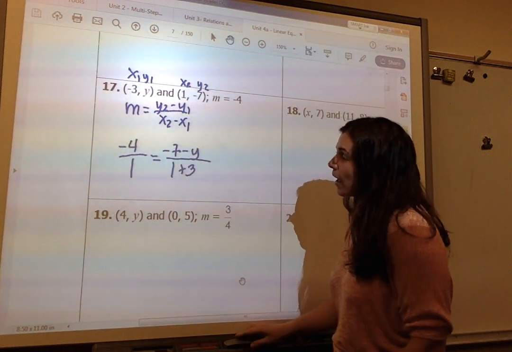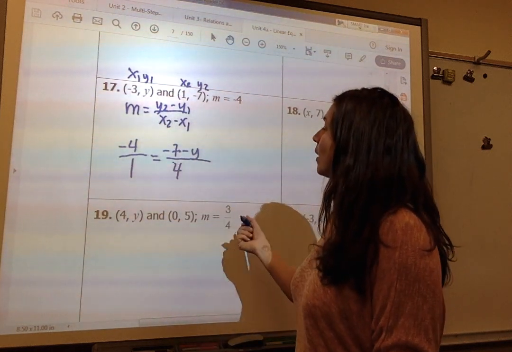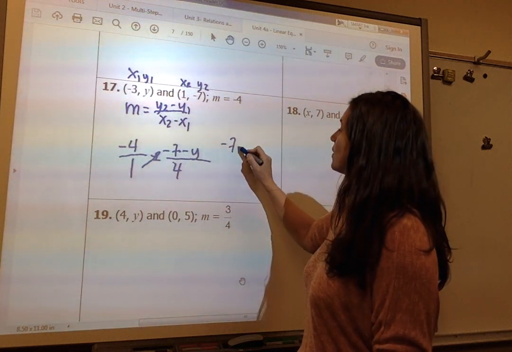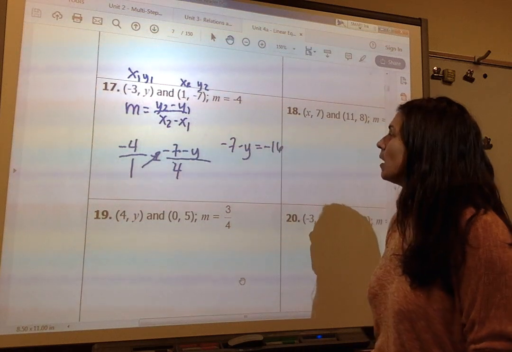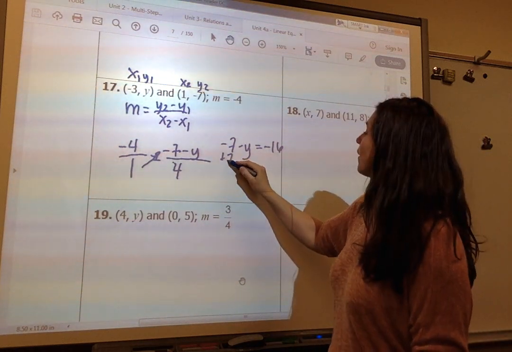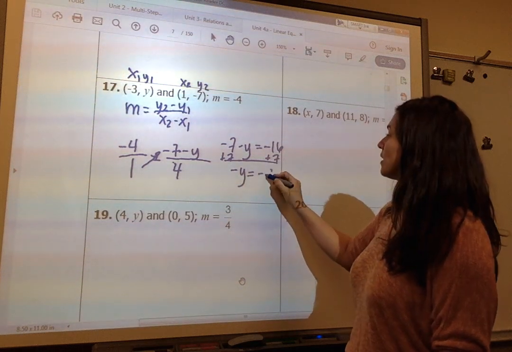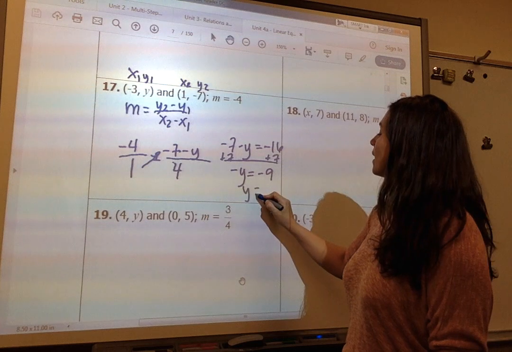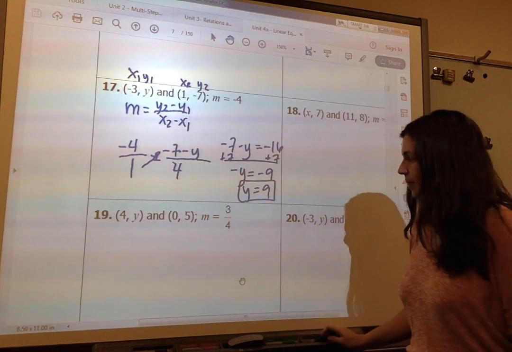And I can simplify 1 plus 3 to 4. Okay, so that's 4. So now when I cross multiply, 1 times -7 minus y is just -7 minus y equals -4 times 4 is -16. So when I solve to get y by itself, add 7, I'm still left with a -y equals -9, and I can divide by a negative, so I get y equals 9. So my value for y here is 9.